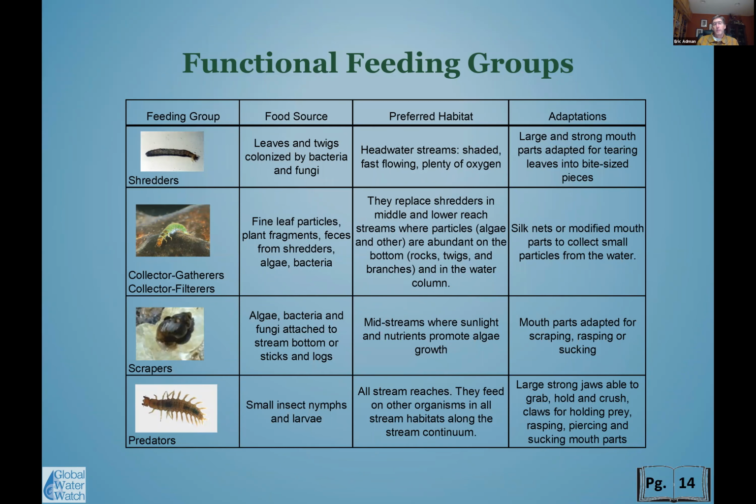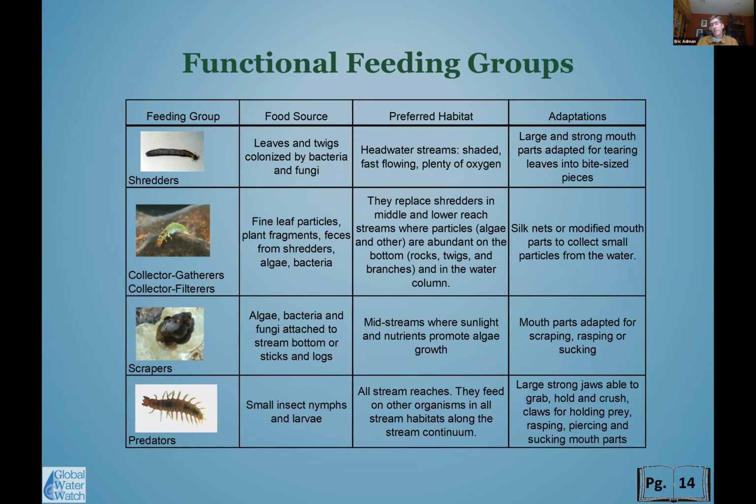They're also categorized in terms of what are called feeding groups. These insects and other creatures are a key part of the food chain. A lot of these serve as food for fish and other macroinvertebrates.